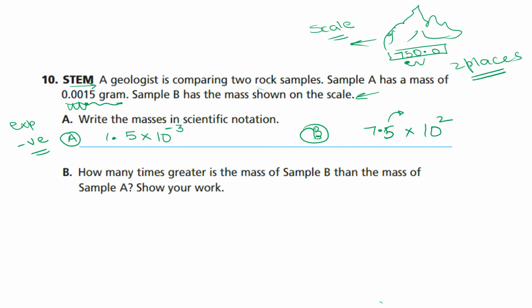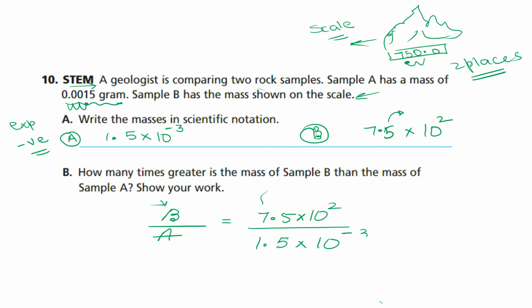Okay, now how many times is the mass of sample B greater than sample A? So simple. You take the ratio of sample B with sample A, because B is greater. So we write 7.5 into 10 power 2 on the top and 1.5 into 10 power negative 3 in the bottom.